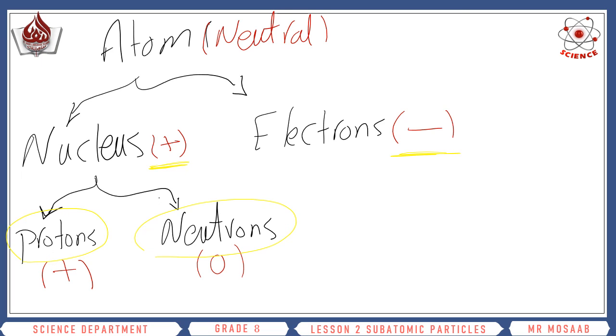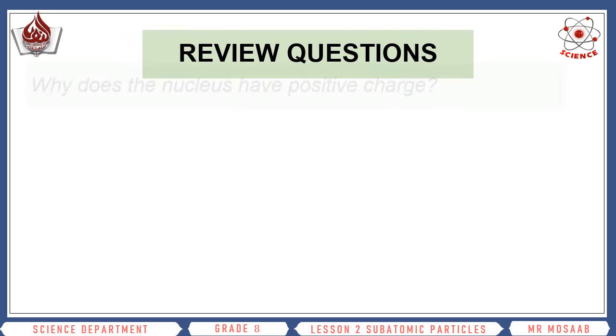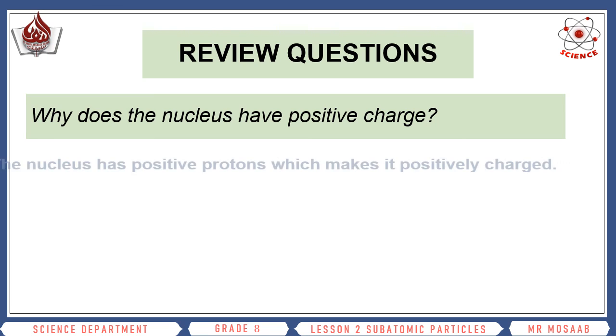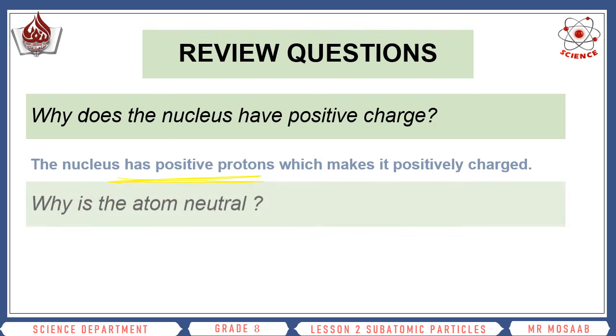So now moving to the questions. Why does the nucleus have a positive charge? Of course, because it has positive protons, which makes it positively charged, as we said.